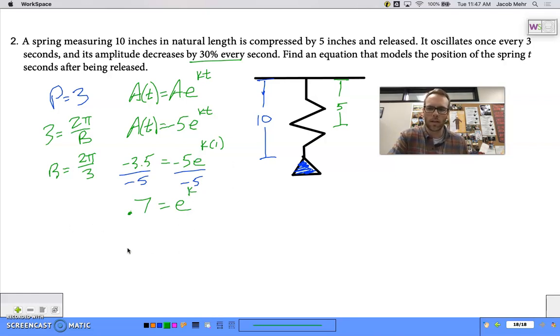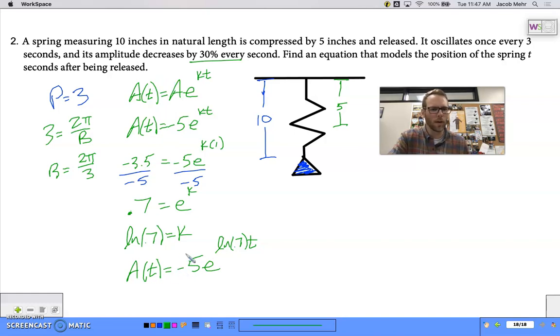So how do we solve for k? We take the natural log of both sides. That's k. So our amplitude function is going to be -5 e to the natural log of 0.7 t. Now, we said we're going to use cosine.